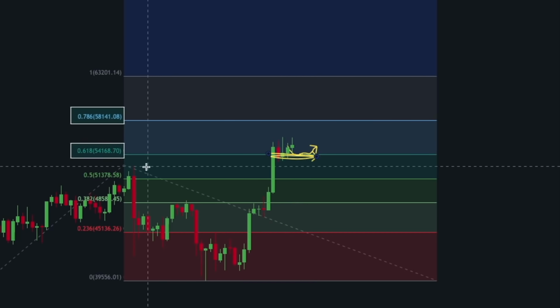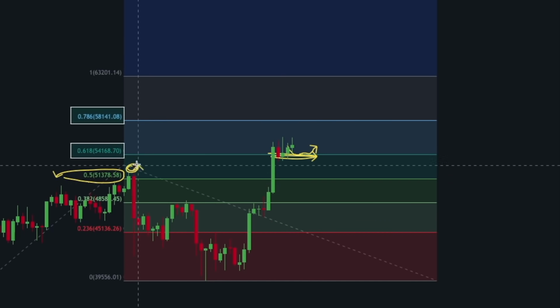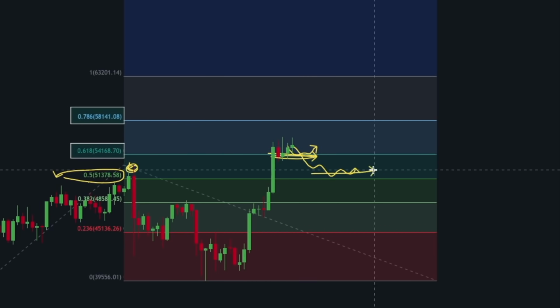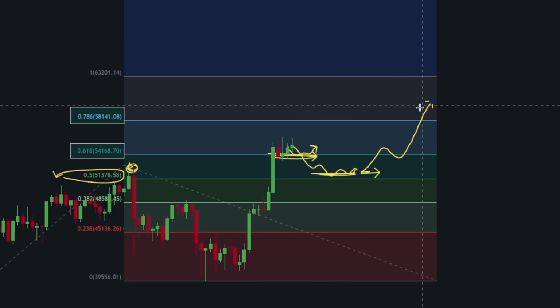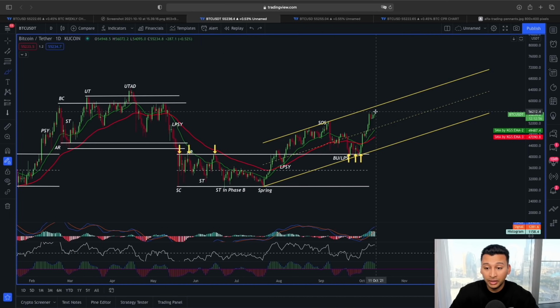And the most important support is from this 0.5 Fibonacci extension line around 51,300 to 52,000 range, because this was the previous high. And if we do see any sort of a pullback, price finding support around this range, then we could be expecting some really nice bounce, and also this price continuing here to the upward direction, because in a daily price is clearly in favor of bulls, as you can see here.